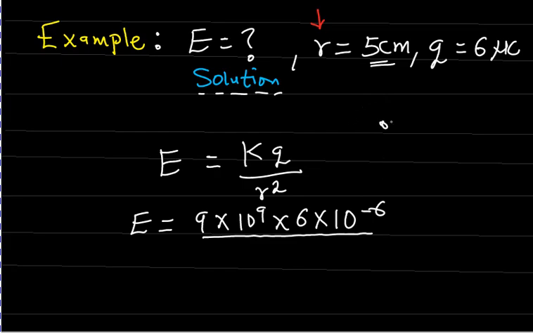We are calculating the electric field intensity, and the distance is 5 cm. I have to convert that to meters, so that's going to be 0.05 meters, then squared.